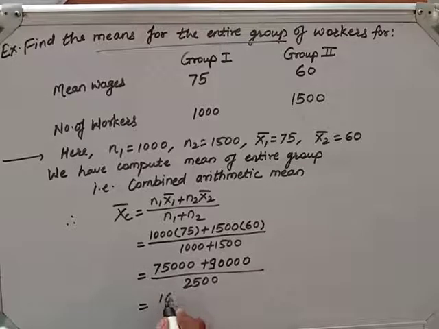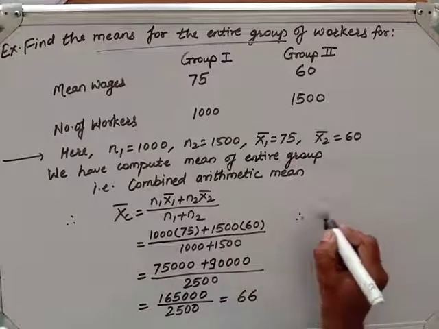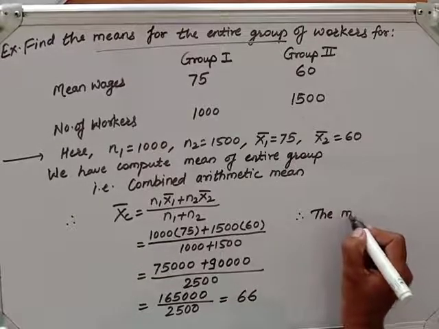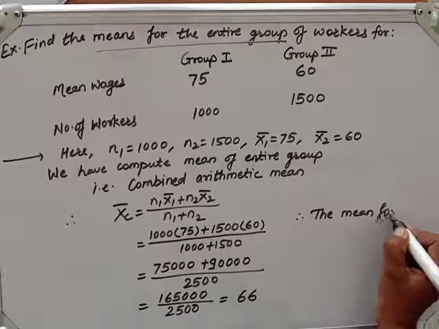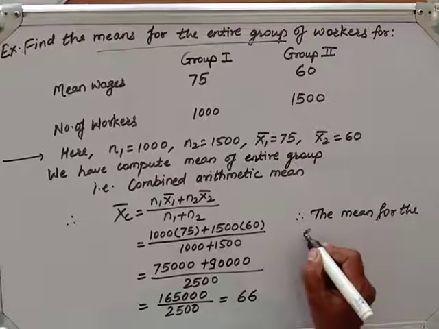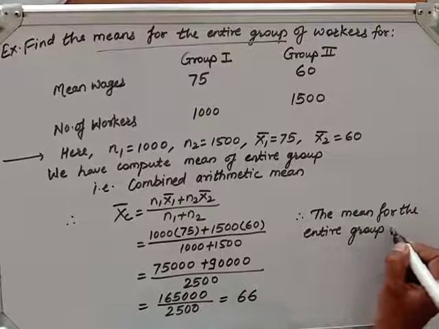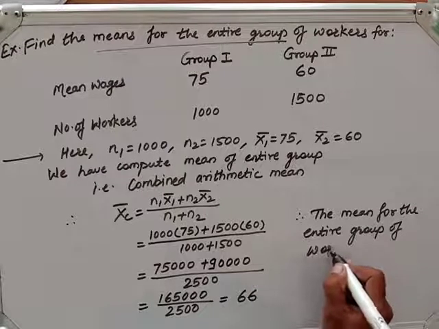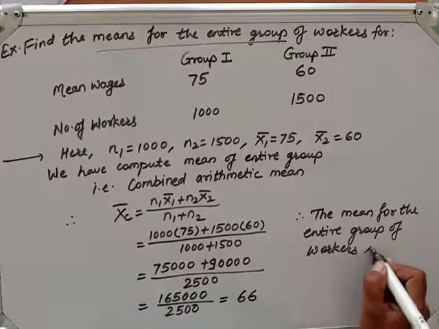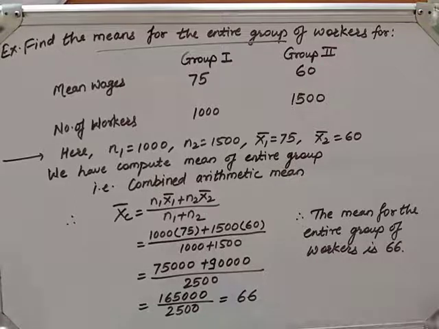So it will be 1,65,000 upon 2,500. This division gives 66. So the mean for the entire group of workers is 66.